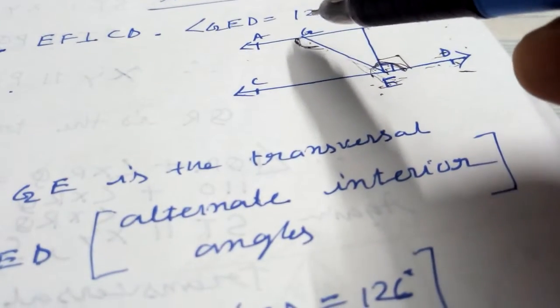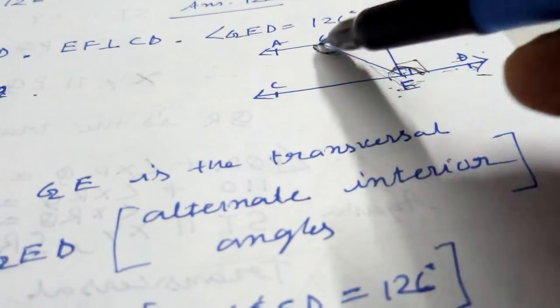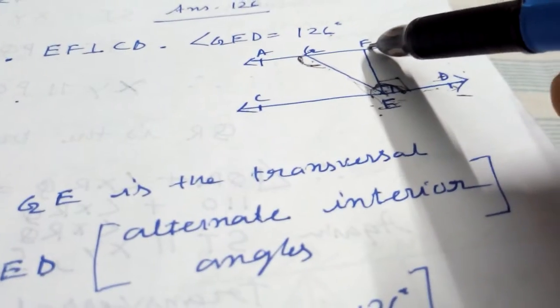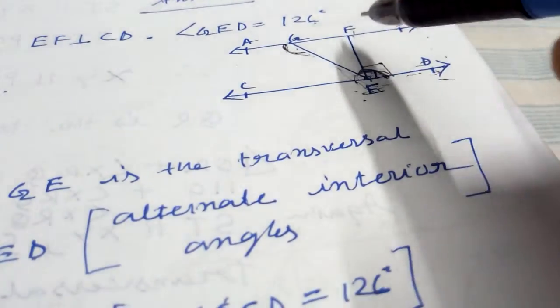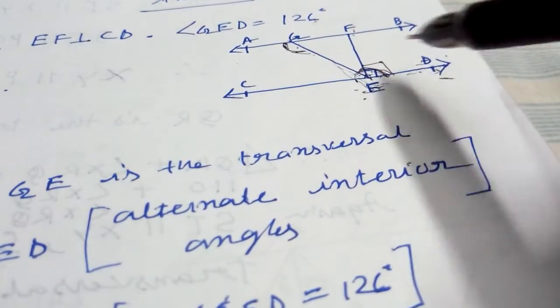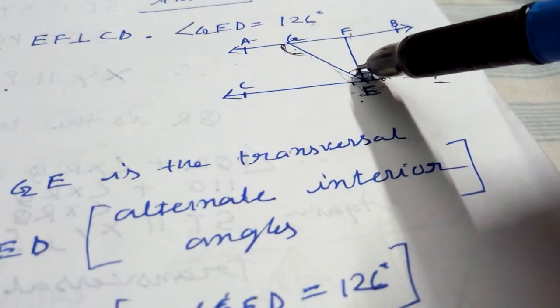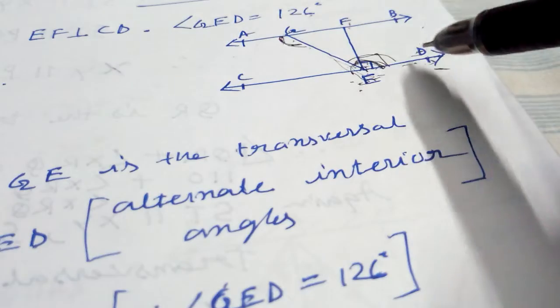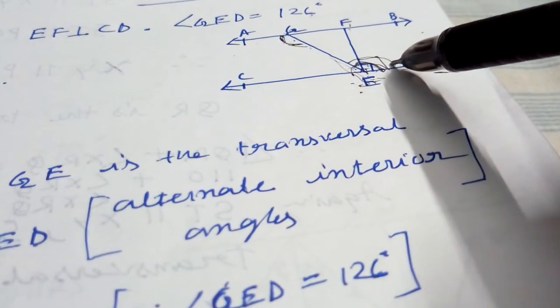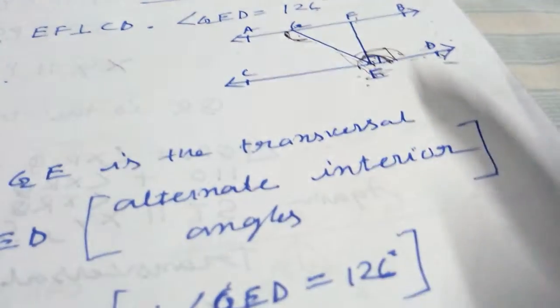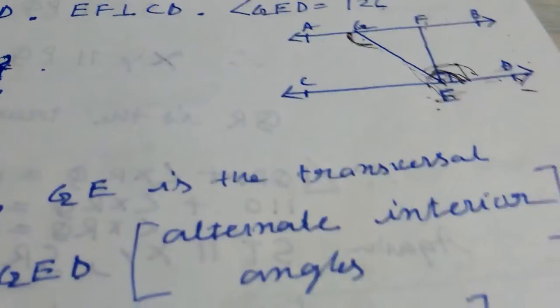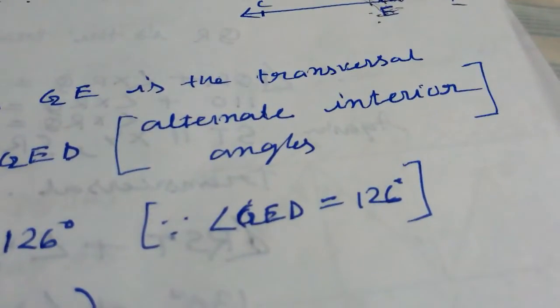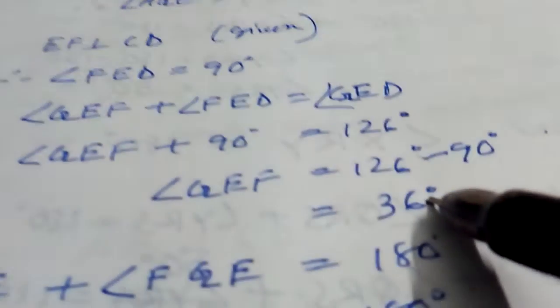So we write ZEF is equal to ZED minus FED. The value of ZED is 126 and FED is equal to 90 degrees. So 126 minus 90 is 36. ZEF is equal to 36 degrees.